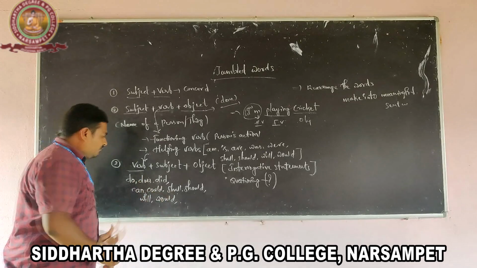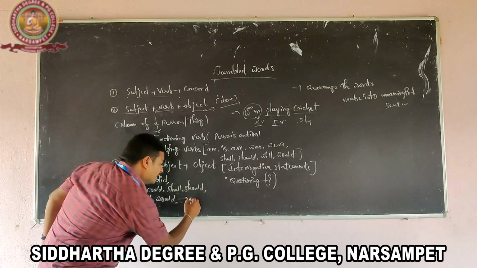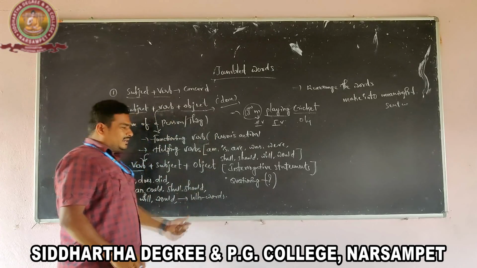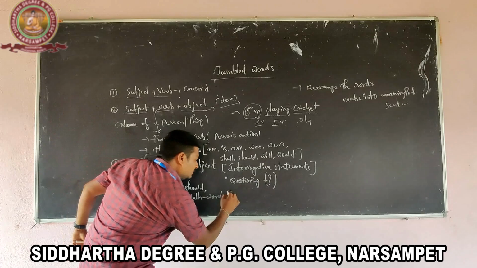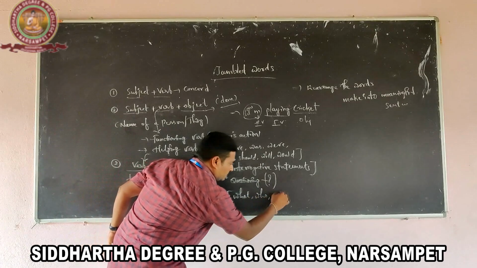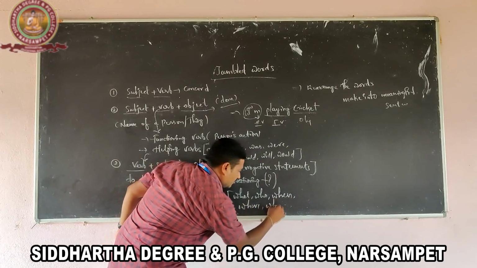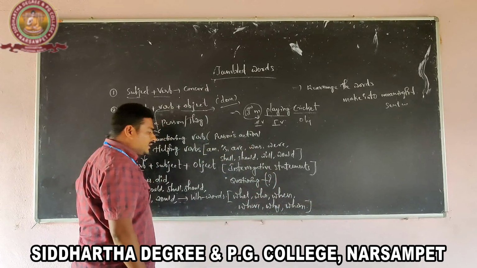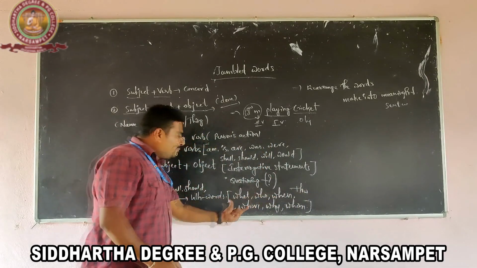Along with these helping verbs, there are other interrogative words, the WH words. What are the common WH words in grammar? The WH words are what, who, when, where, why, and how also. These are the WH words.